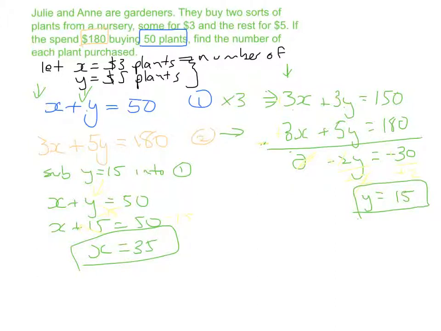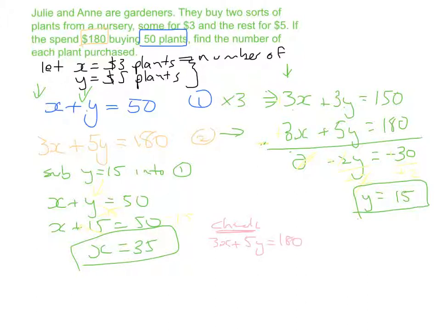And as I said before, what we need to do is to check that. So we'll check in the second equation. The second equation that we have is 3x plus 5y equals 180.